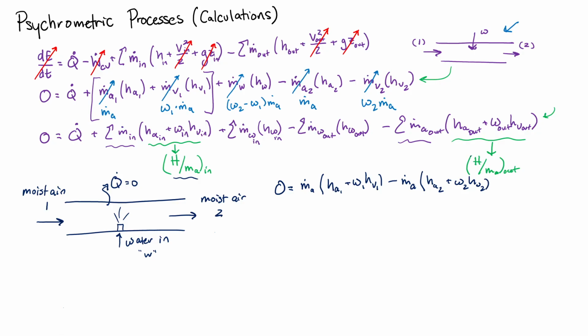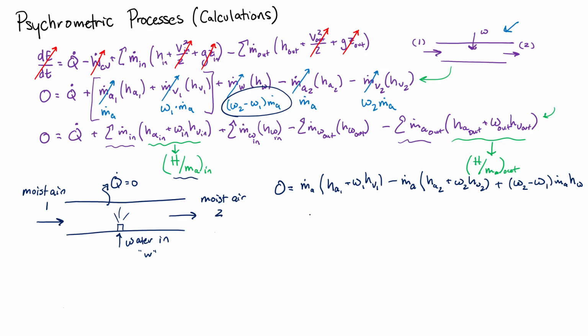And then I will go ahead and use this form that I had created up top here for my water. So I've got my mass flow rate of water plus the enthalpy of my water in. I'm going to write this as plus my omega 2 minus my omega 1 times my mass flow rate of air times my enthalpy of water.